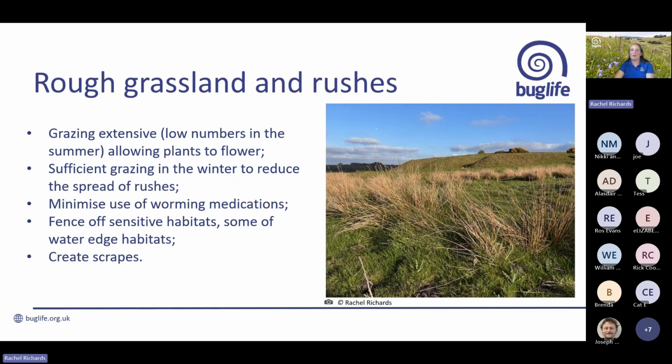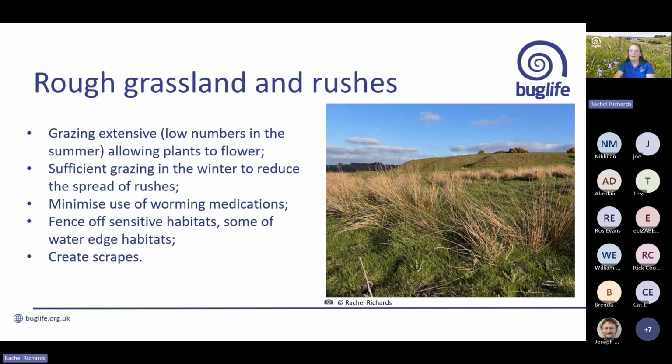And then just onto rough grassland and rushes. So yeah, a lot of these areas require a certain amount of grazing, and I guess it's all about trying to get the grazing levels right. So again, avoiding the worming meds in livestock if you can, so you're not getting that chemical input.